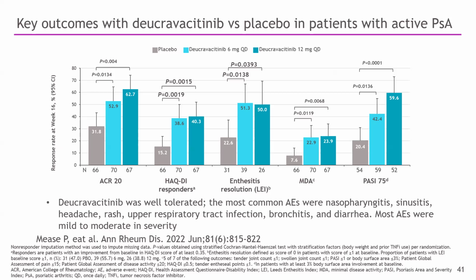We don't have any data on its efficacy yet in ankylosing spondylitis, so that's an unknown. But this is a new once-a-day pill, which has been shown to be effective in psoriatic arthritis. And it's already been approved in psoriasis. We expect a formal approval in psoriatic arthritis in a little over a year's time.